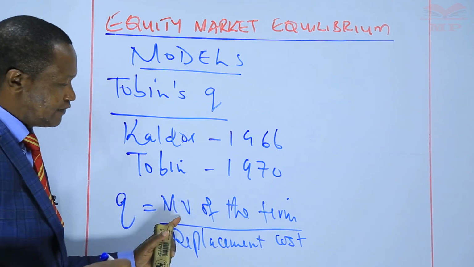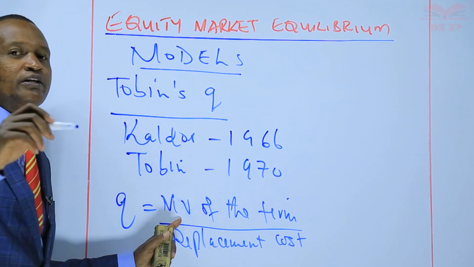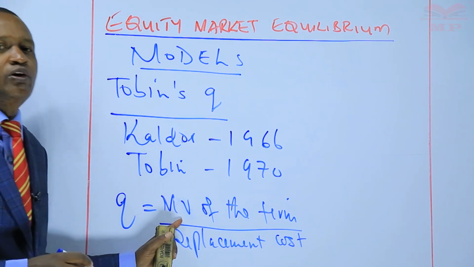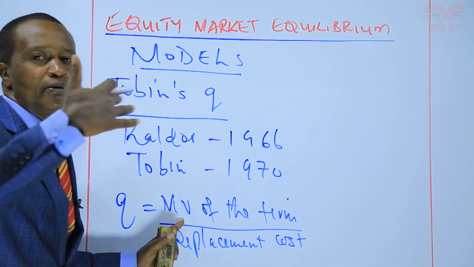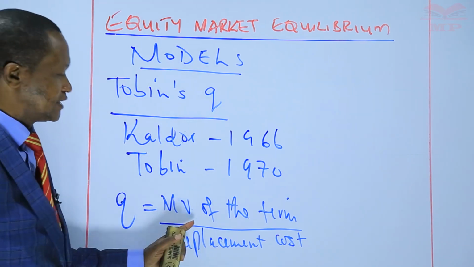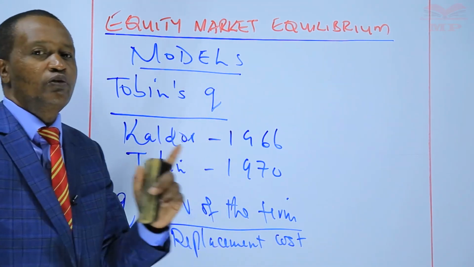Then the numerator, we have the market value of the firm, the going price in the market for exchanging existing assets.